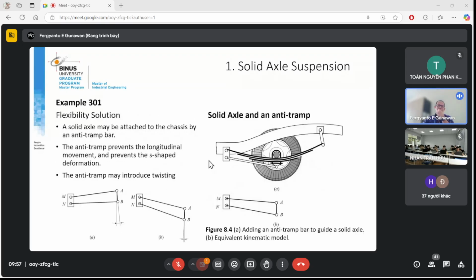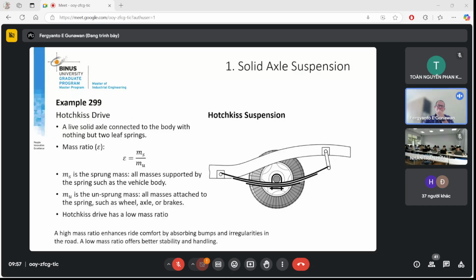And one quantity of interest I have discussed earlier is the mass ratio. The comfort is higher if the unsprung mass, which is the whole suspension system, is much lower than the body of the vehicle.